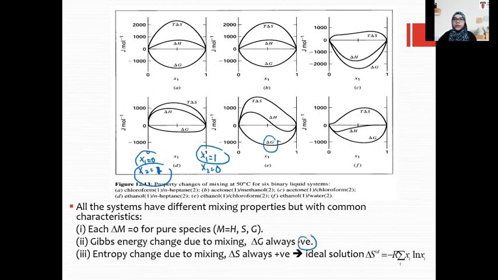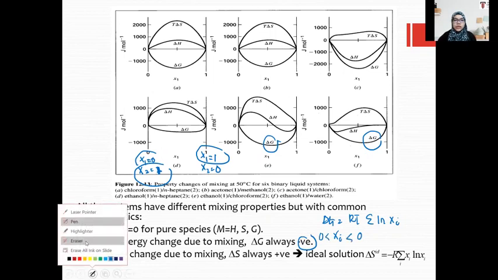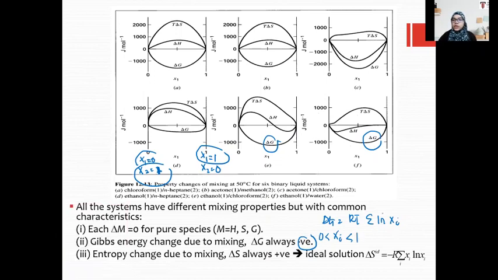We can relate this from the previous equation. Because we know that Xi should be between 0 and 1, if we insert any value of composition within 0 to 1, ln Xi gives us the negative sign. So that's why delta G is always negative.